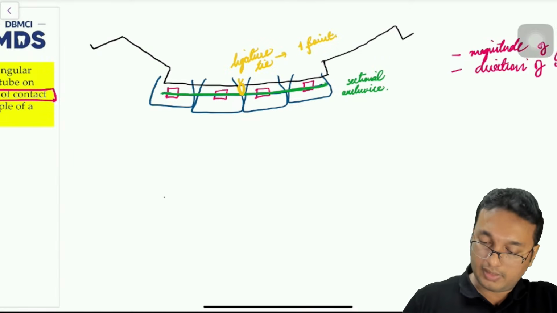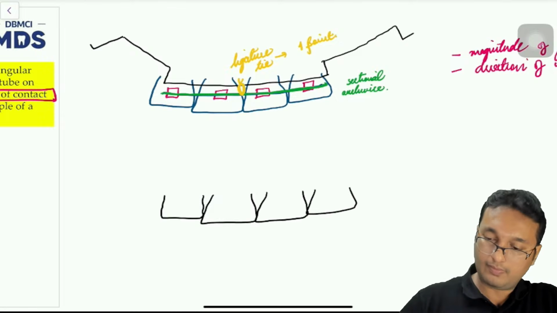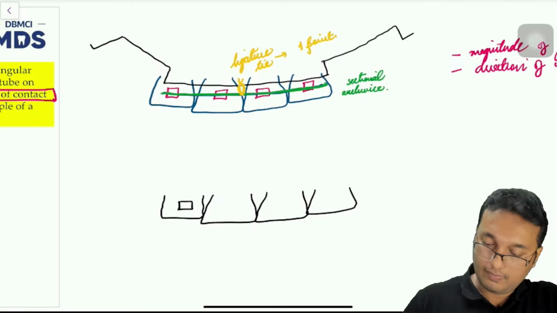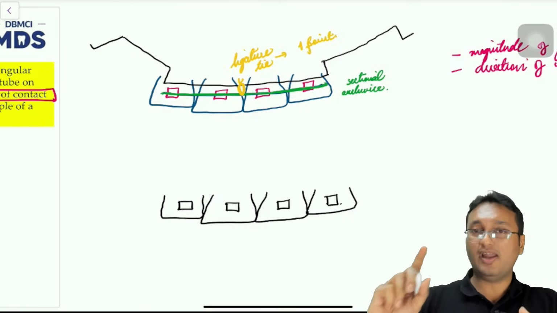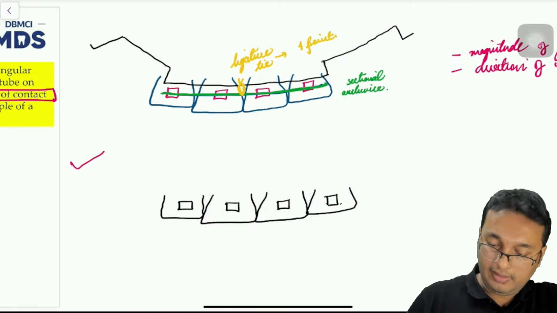I'll draw the diagram again. These squares are the brackets bonded to the teeth. We have the same utility arch coming from the molars.